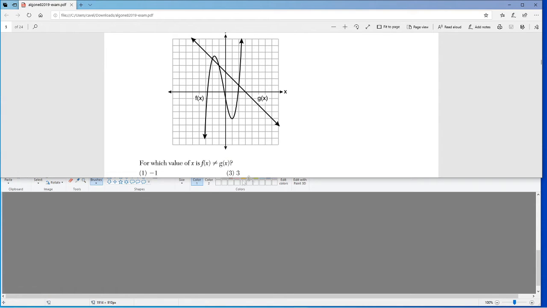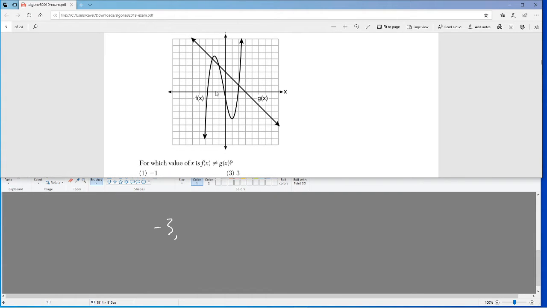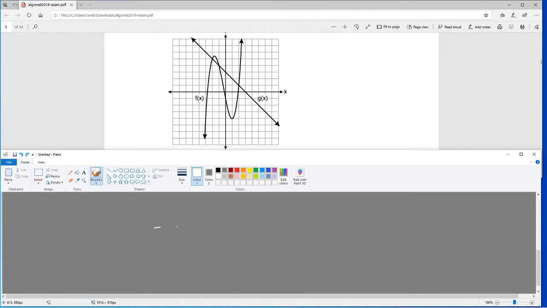So if we label these points, they intersect at... sorry, no, this is -2, 5. Okay, -1, 4. They intersect there, and then you also intersect at 1, comma 1.